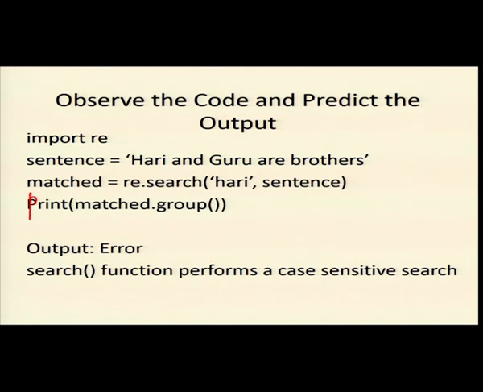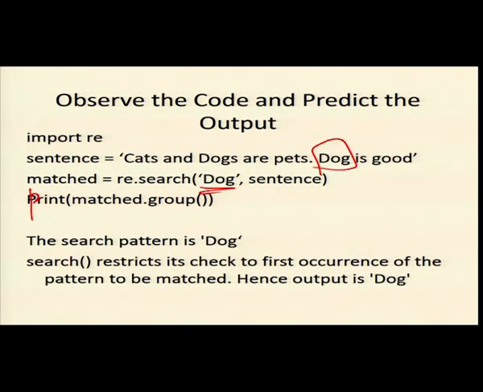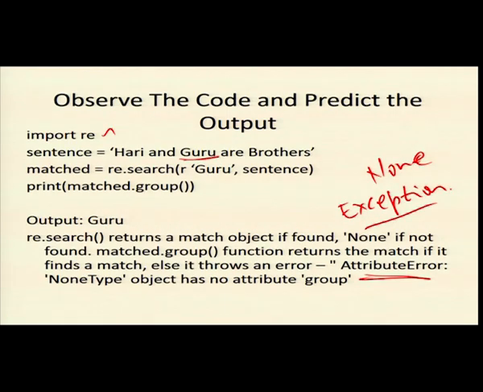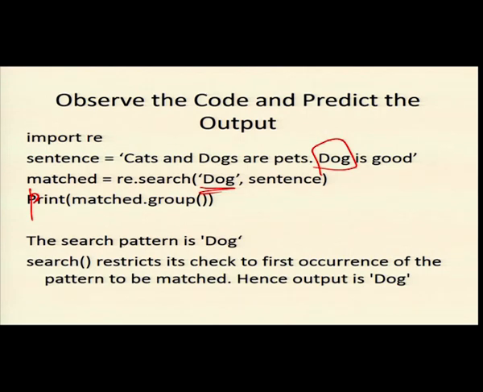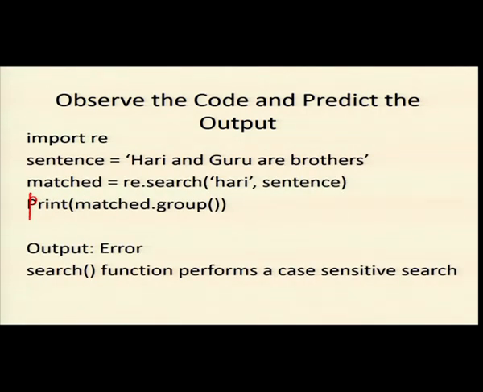In my earlier example, I got the output as Guru, because G was in capital. Over here it is similar to the previous example, but the change is that I have given h as small h and here the H is capital.